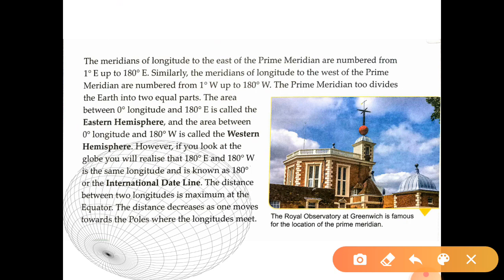The area between 0 degree longitude and 180 degrees west is called the western hemisphere.